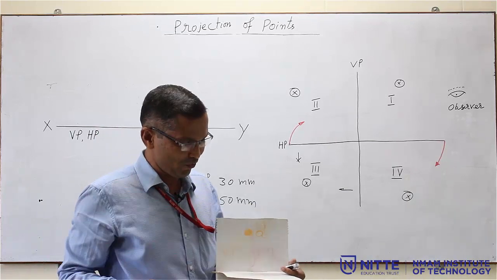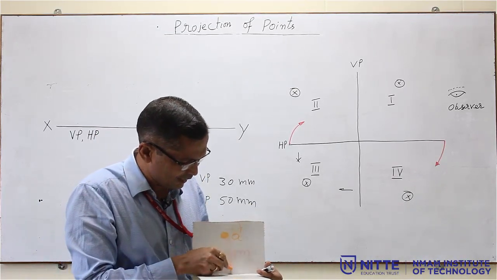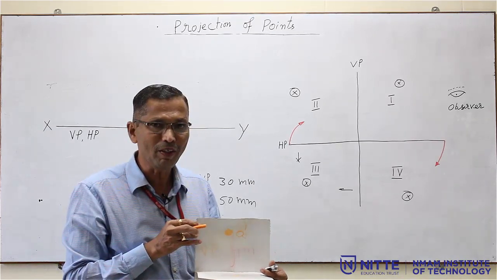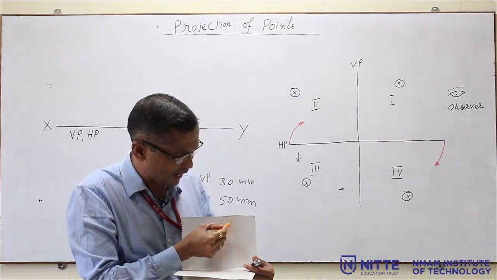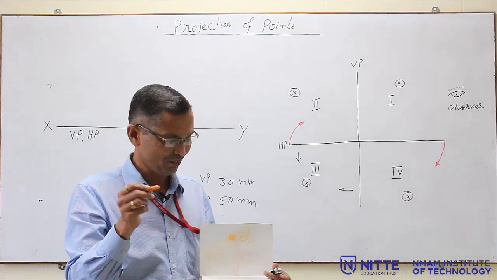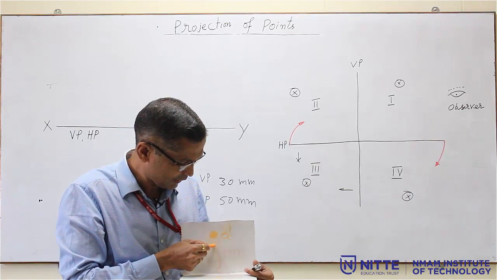Now, where is the front view? So, this is the front view. The front view will be on VP. So, I will call this A dash, because already I told you the front view is named A dash. Now, what is this distance?